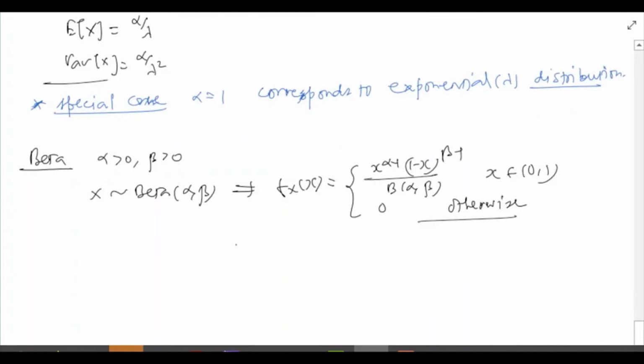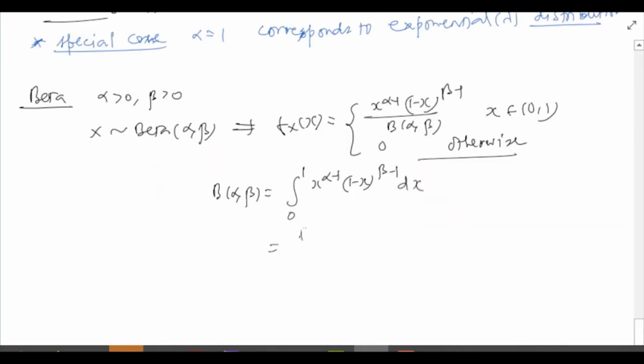B(alpha, beta) is a normalizing constant and it is equal to the integral from 0 to 1 of x raised to alpha minus 1, 1 minus x raised to beta minus 1 dx, and in fact it turns out to be equal to gamma alpha times gamma beta divided by gamma of alpha plus beta.